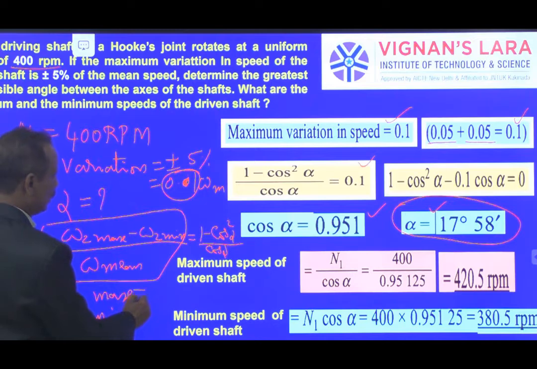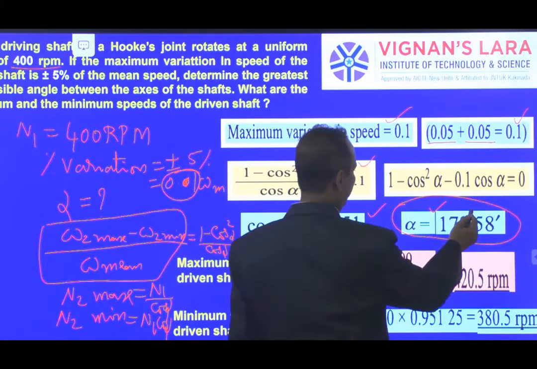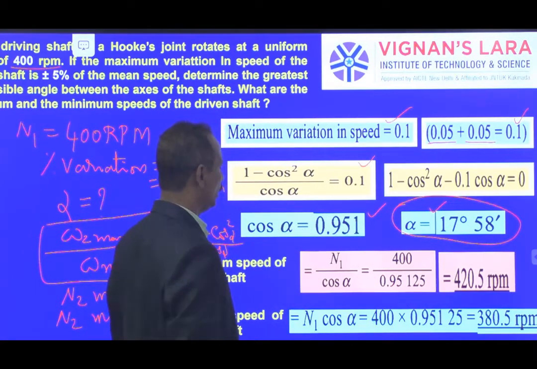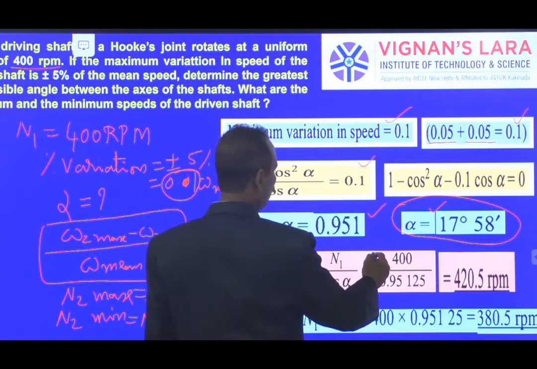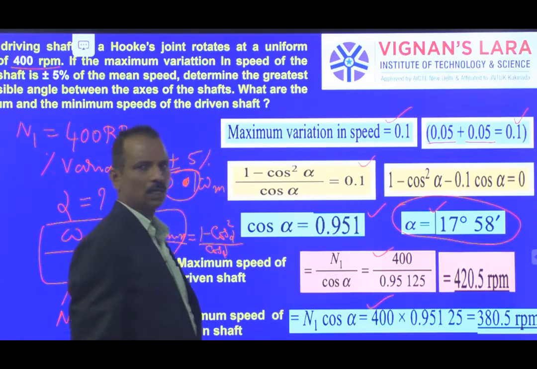This is like N1 by cos α and N1 cos α. So α value is already obtained, so cos α value is obtained, then it will be N1 cos α and N1 by cos α.